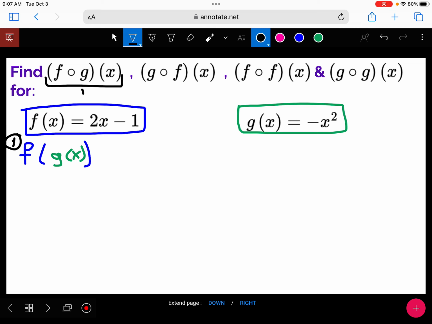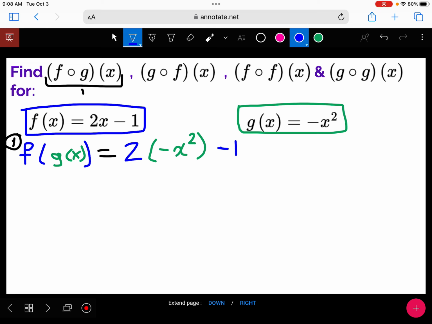F circle g is the same thing as f of g. So what we're going to do is take our f function, which is 2 times something minus 1, and in place of that x, we are going to substitute our g of x, negative x squared, minus 1.